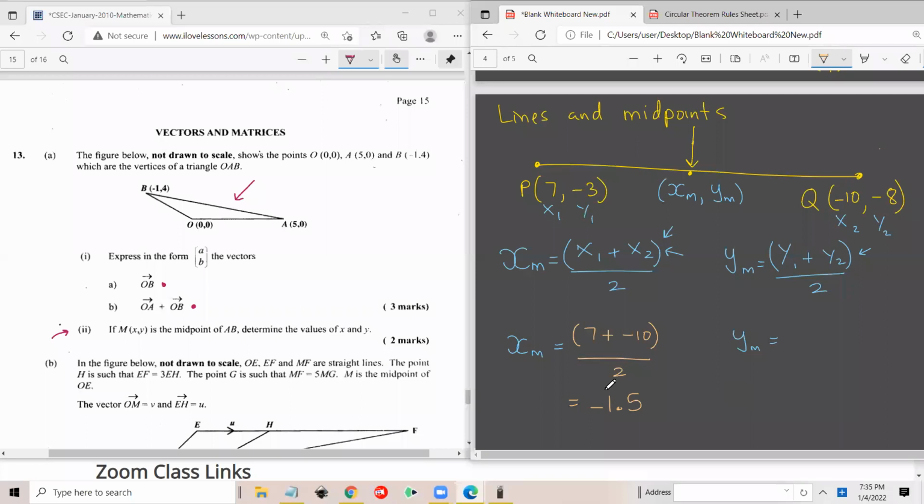Too many people are forgetting the minus sign here, right? And we're going to do the same thing for the y middle. Minus 3 plus minus 8, and then we divide it by 2. Well, a plus and a minus is a minus. So you're already typing in minus 3 minus 8 in brackets, and you divide it by 2. And we will definitely get minus 5.5.